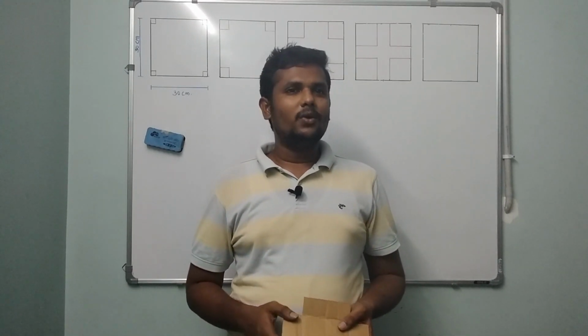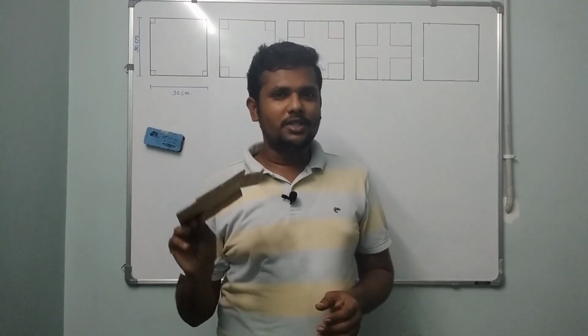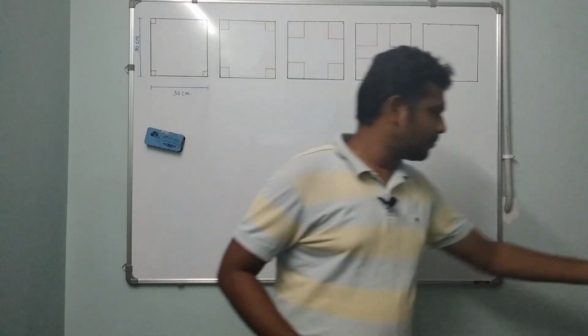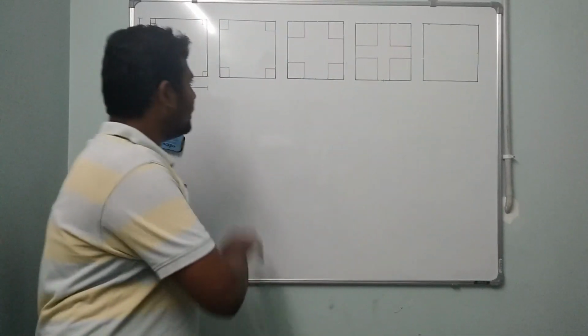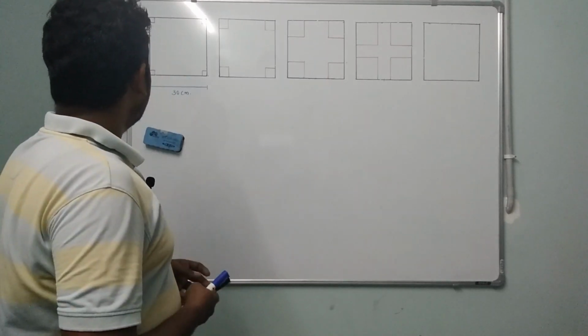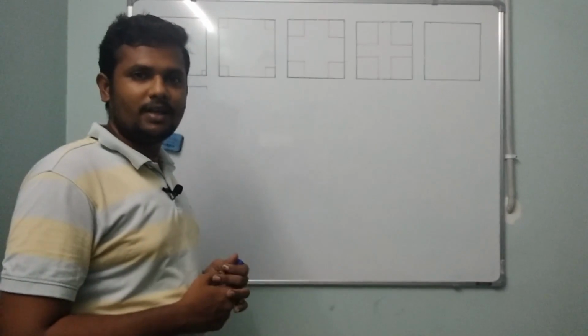So let's start this experiment, and I don't want to waste the cardboard sheet. Let's save the nature, and we'll do it on the board itself. So here I have taken 5 different cardboard sheets, and I am going to cut the cardboard sheet with different lengths.